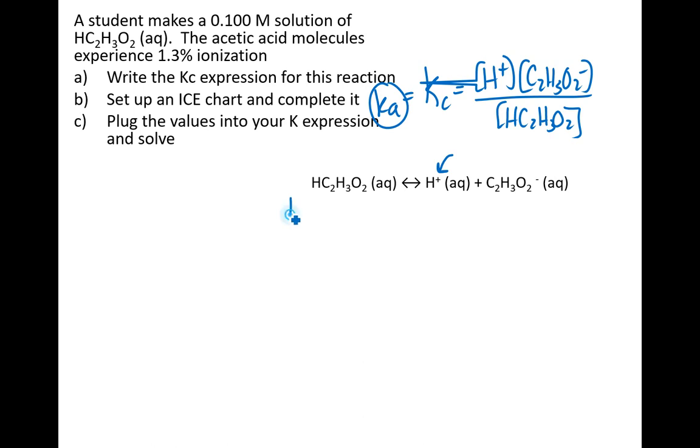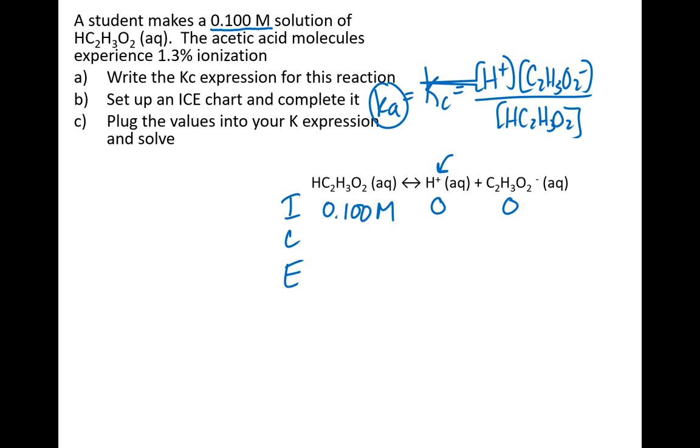All right, now I'm going to set up an ice chart and look at the problem and see what the problem tells me. So I'm starting with 0.1 molar acetic acid. Basically think of it, you dissolve some acetic acid in water and you made it so that the concentration is 0.1 molar. So initially you don't have any of these ions. And then a reaction occurs, and in this reaction, we know that 1.3% of my acetic acid is going to ionize.